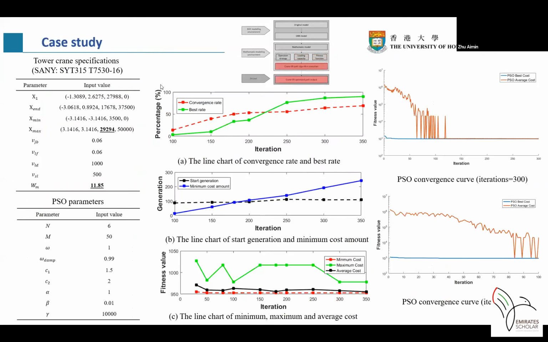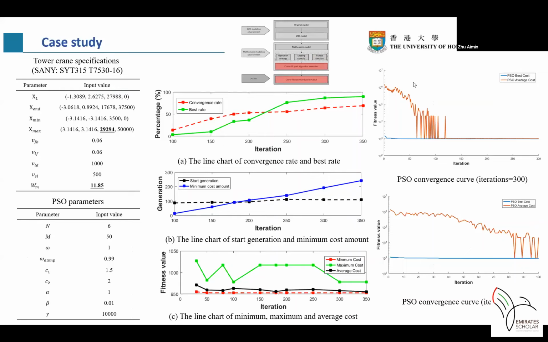So we utilized a real-life MIC project to verify our proposed method. The 2 tables on the left are the parameters before conducting our algorithm, and the results are in the rest of this slide.